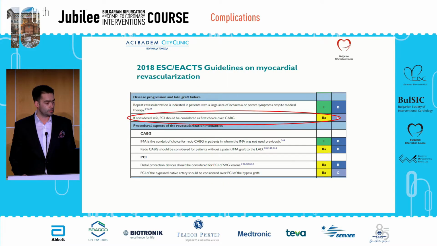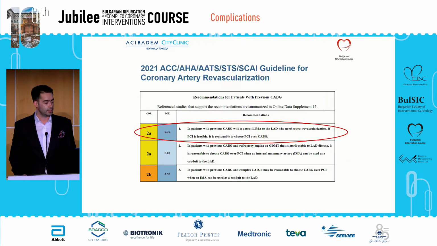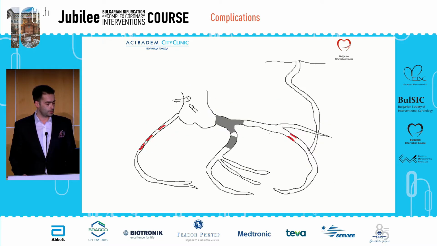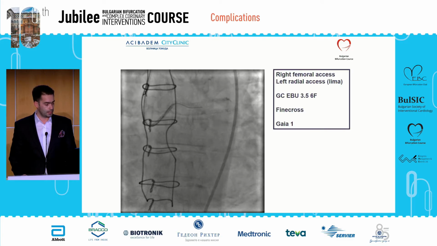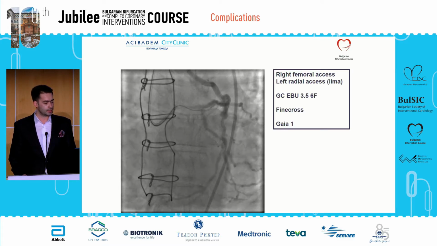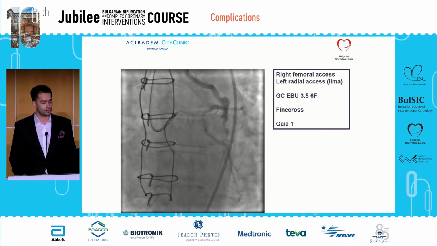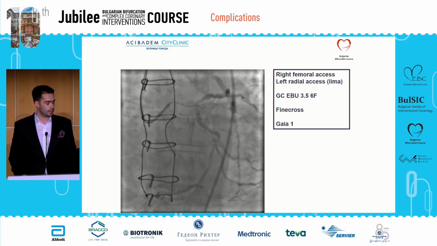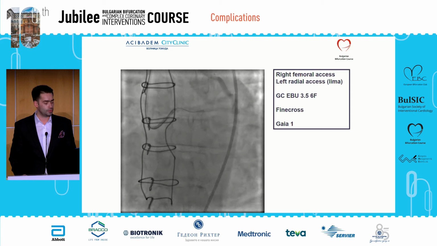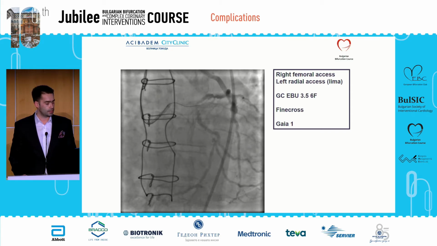These are the recommendations of the European Society from 2018 and also the 2021 recommendations from the American Society. The plan was to recanalize this left main. Right femoral access first and left radial access for the LIMA. Guiding catheter ABU 3.5, 6 French.